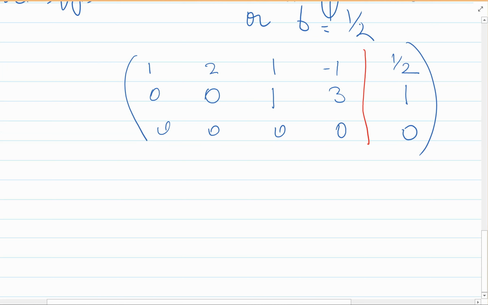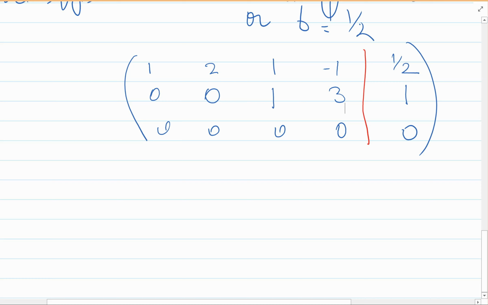So first of all, how many non-zero rows do we have? We have 2. So what's going to happen is that 2 unknowns will be free to take any value. These are your parameters. And 2 will be determined. Which ones will be free and which ones will be determined? You look at the leading coefficients. The leading coefficients will force that unknown to be determined as a function of the other ones. So in this case, very important, the first leading coefficient is in front of x1.